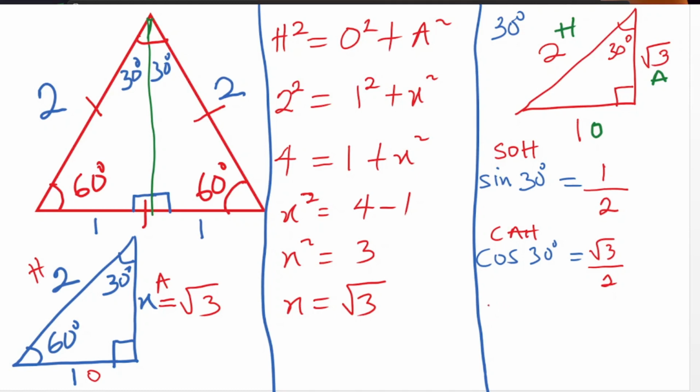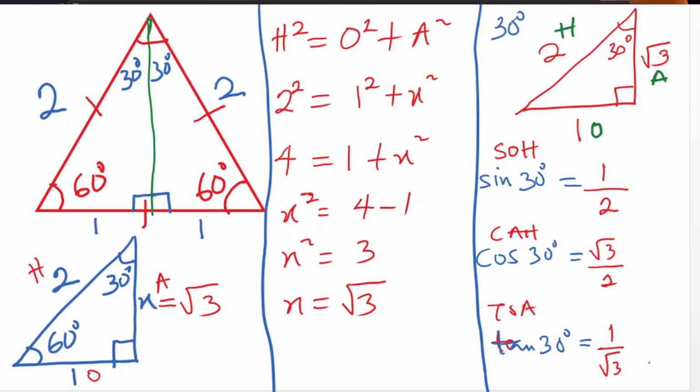that means tan 30 degrees. Tan 30 degrees will then be TOA, that is opposite over adjacent. What is the opposite in this case? The opposite here is 1, and the adjacent here is root 3.